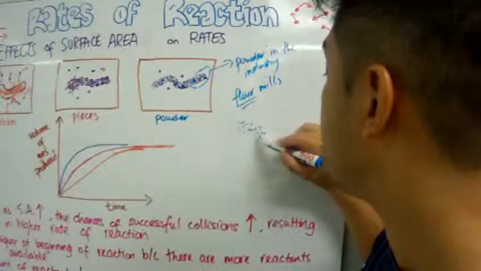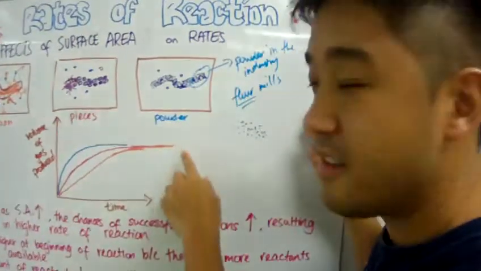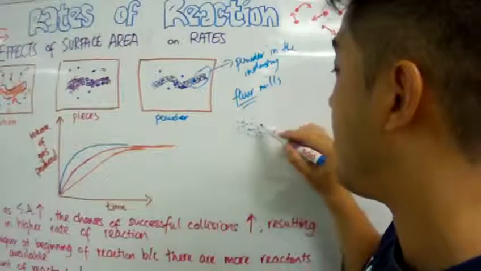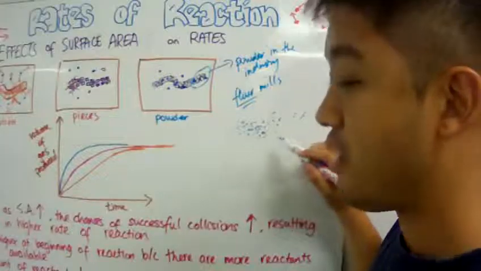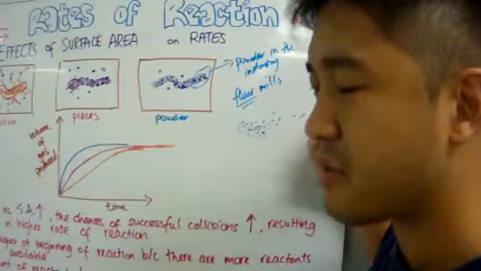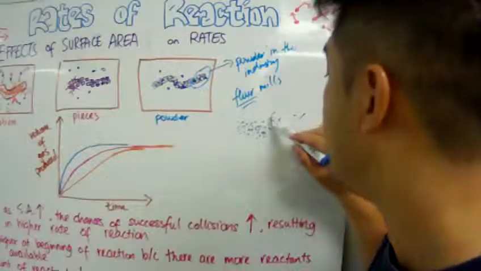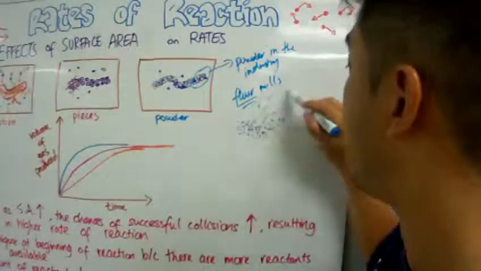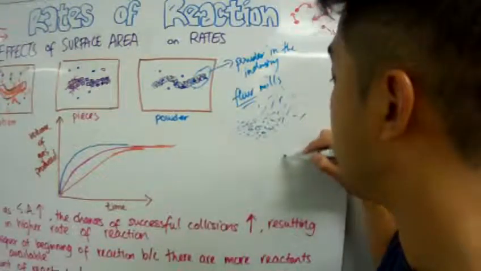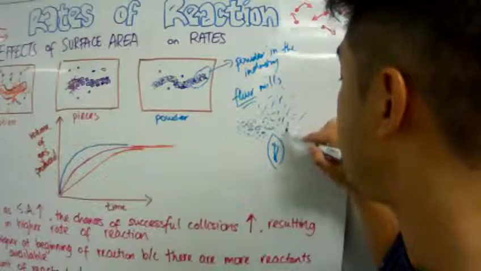So what happens is that in flour mills, we have lots of flour dust in the air. And when you pour flour in big bags from one place to another, lots of flour dust gets exposed. And if that flour dust is exposed to a fire source, what is going to happen?